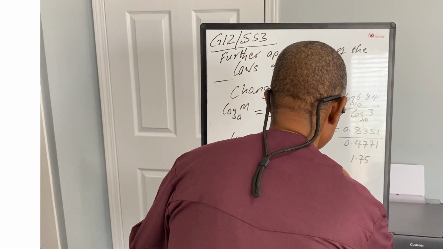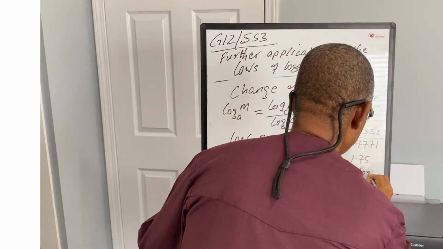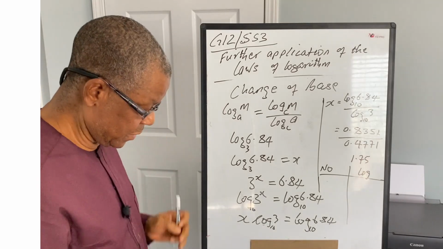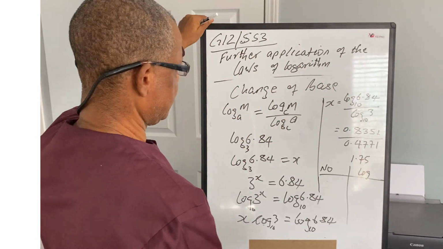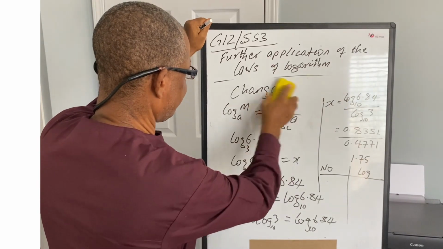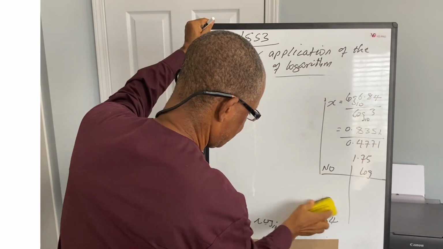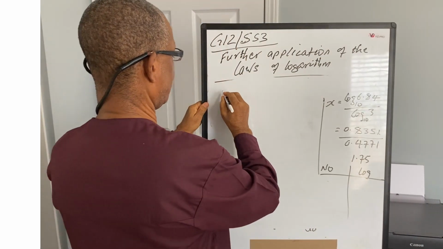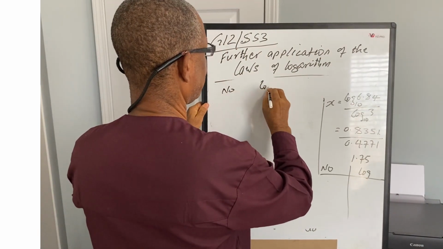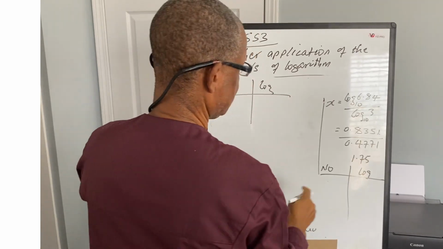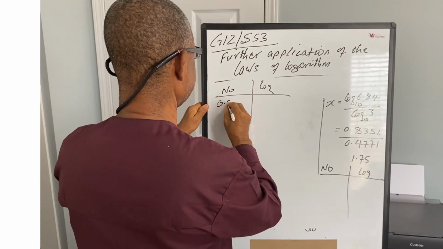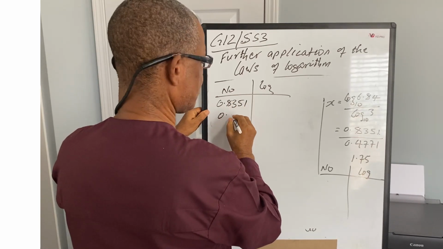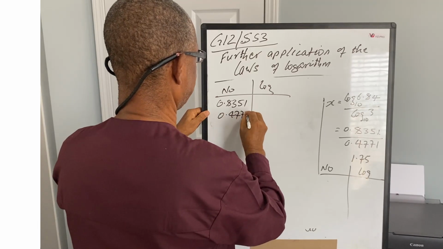But if you use your log to go on, this becomes a number log. To conclude this, therefore, we now say with our log, this becomes our number 0.8351, and the other one is 0.4771.